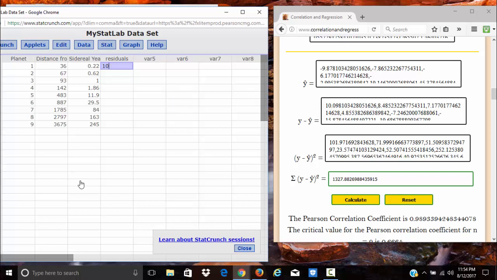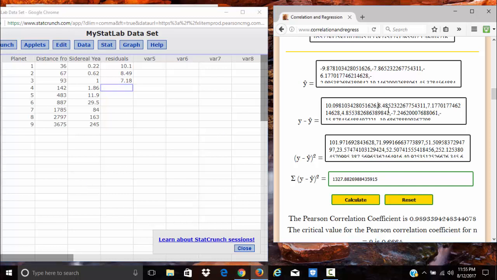So we have 10.10 because it's 10.098. So 10.10, 8.49, 7.18.